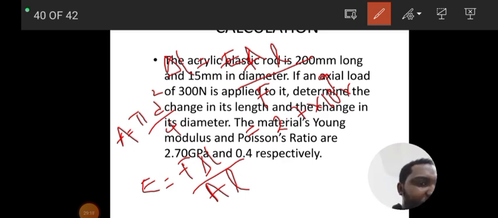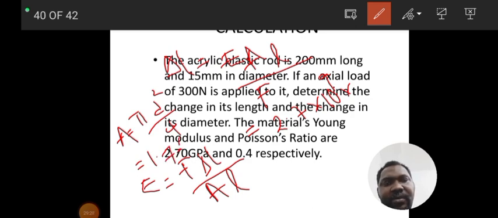That is 176.74 millimeter squared, which is the same thing as 176.74 times 10 to the power minus 6 square meters. And that's for the area.